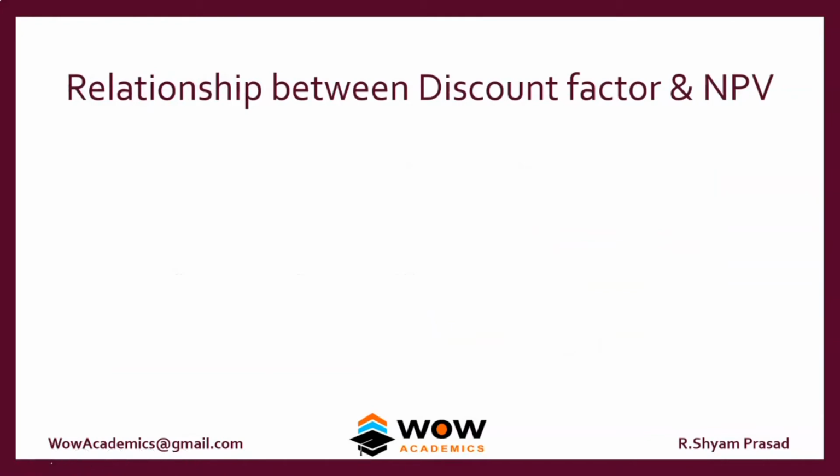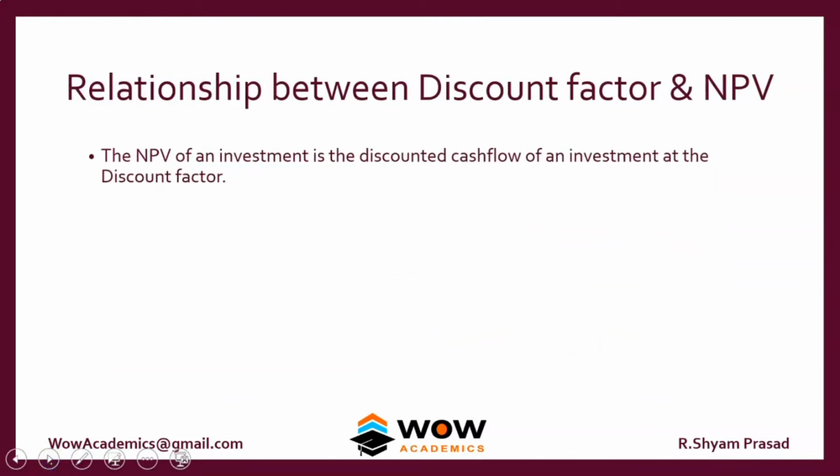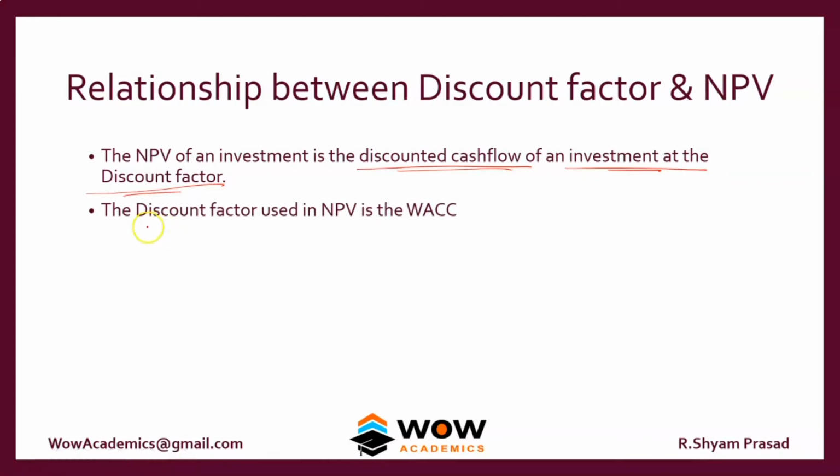So we'll see what is the relationship between the discount factor and the NPV. The NPV of an investment is the discounted cash flow of an investment at the discount factor. So there's a direct relationship between discount factors and the NPV. The discount factor used in NPV is the WACC, the weighted average cost of capital.